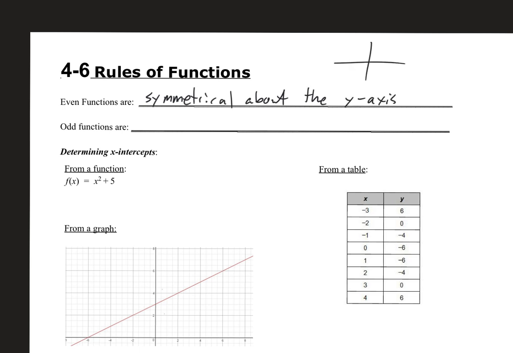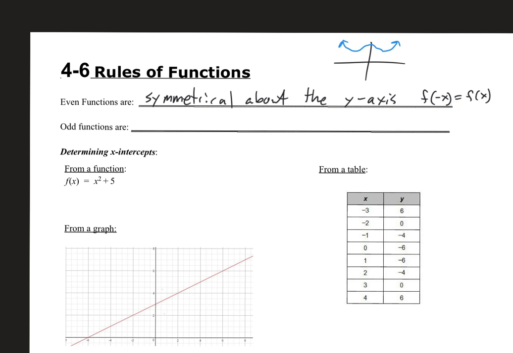That means you've got your graph and they're going to be even like this, right? So if you folded this side over the y-axis, they would match up perfectly. And another way to notate that is that f of negative x will be the same thing as f of positive x.